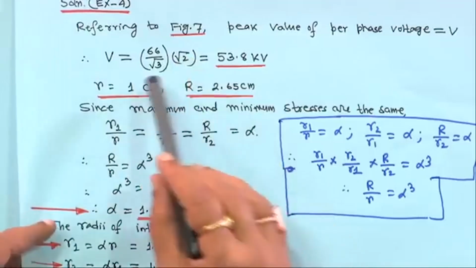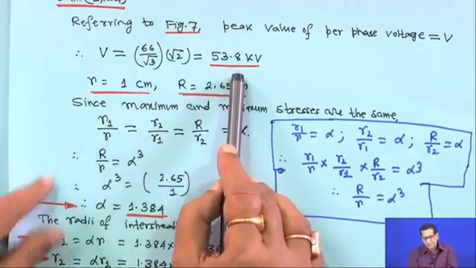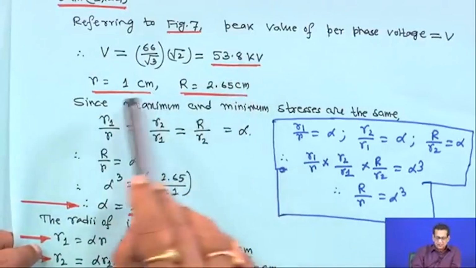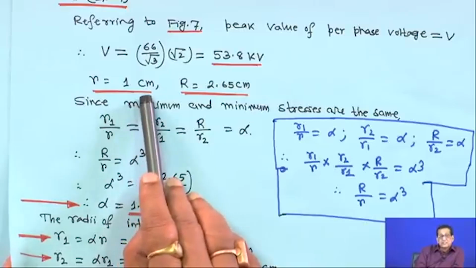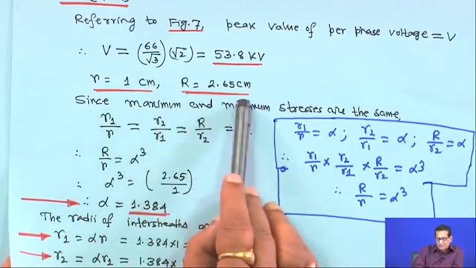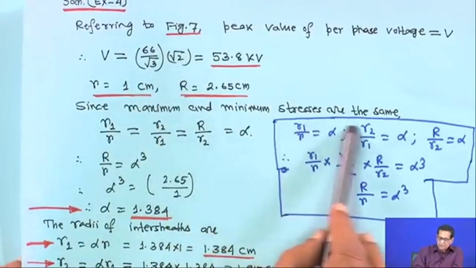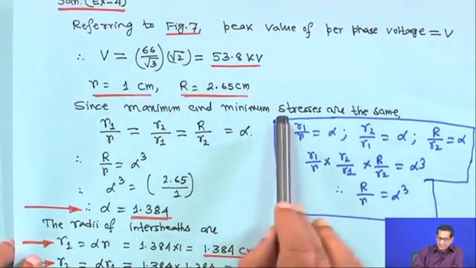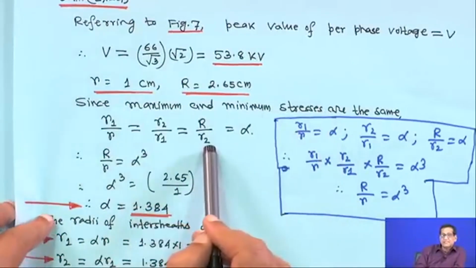That is why V is equal to 66 upon root 3 into root 2, that is 53.8 kV. Now, given that r is the smaller diameter 2 centimeter, so radius 1 centimeter, and capital R is given 2.65 centimeter. Since maximum and minimum stresses are the same, this condition holds, this we have seen.